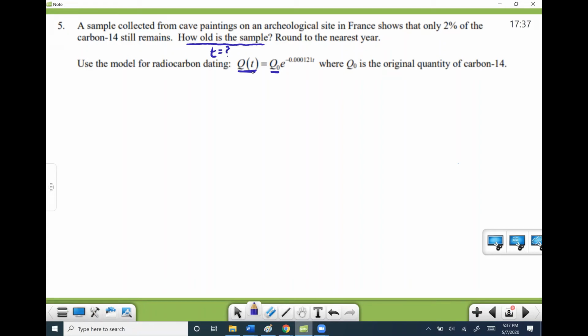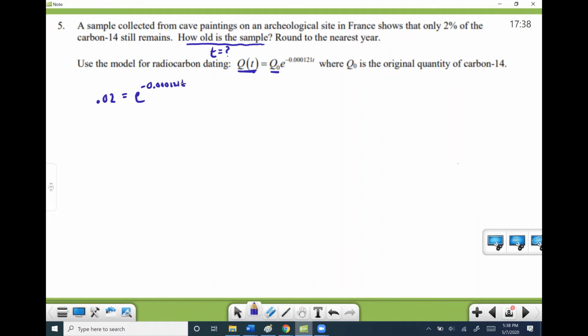The fact that we have 2% of the carbon-14 still remaining, and that's the only thing that they gave me, okay? Well, I claim that that means that you just put a 0.02 on the left and get rid of the Q naught, but let me talk about why. Okay.